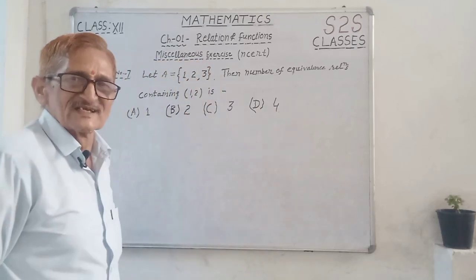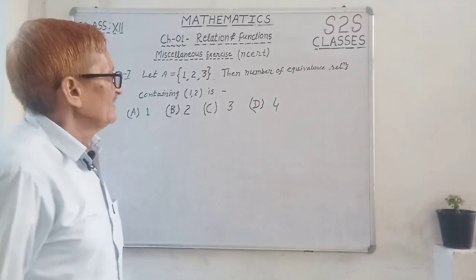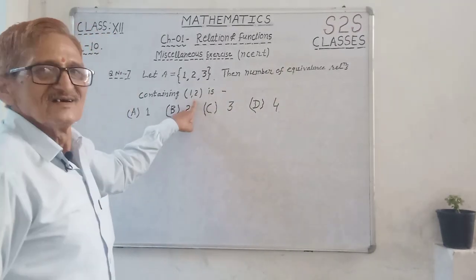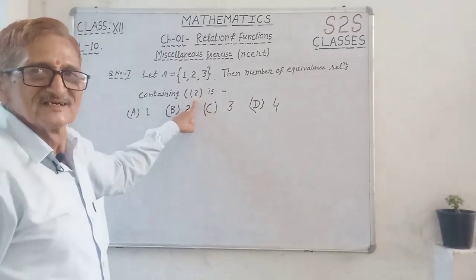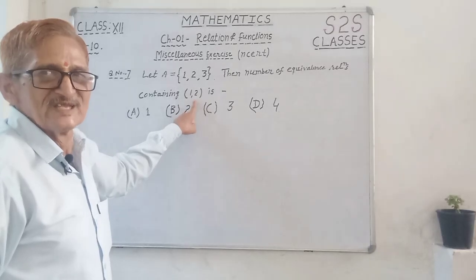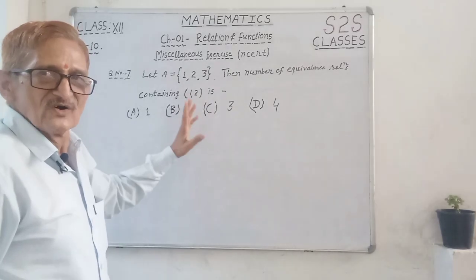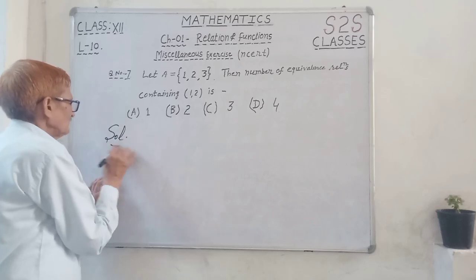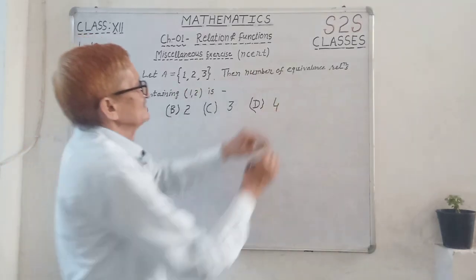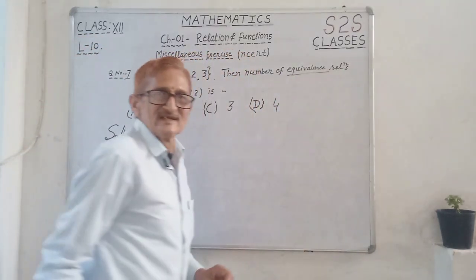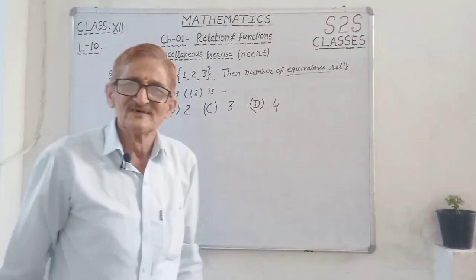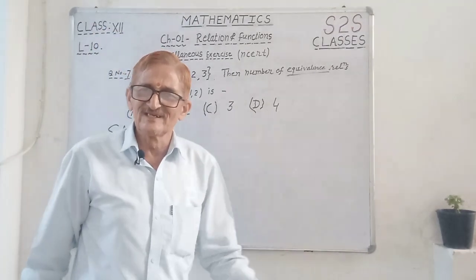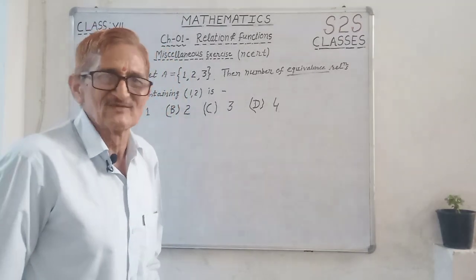How many equivalence relations can be made including the element (1, 2)? The requirement is including at least this. Okay, so the solution of this: equivalence means it must be reflexive, symmetric and transitive, all three, then it will be equivalence.